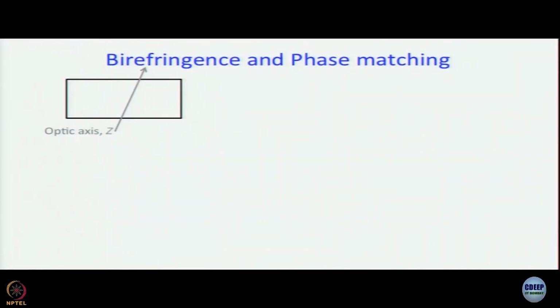So, what we are going to learn in this module is how birefringence helps, and we have already talked about birefringence, but let us recap very quickly.